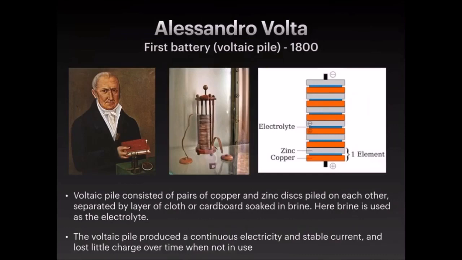This voltaic pile consisted of pairs of copper and zinc discs piled on top of each other, separated by a layer of cloth or cardboard soaked in brine. So in the voltaic pile, you can see piles of copper and zinc plates, two different metals, with a paper or cloth dipped in brine solution, which acted as an electrolyte.